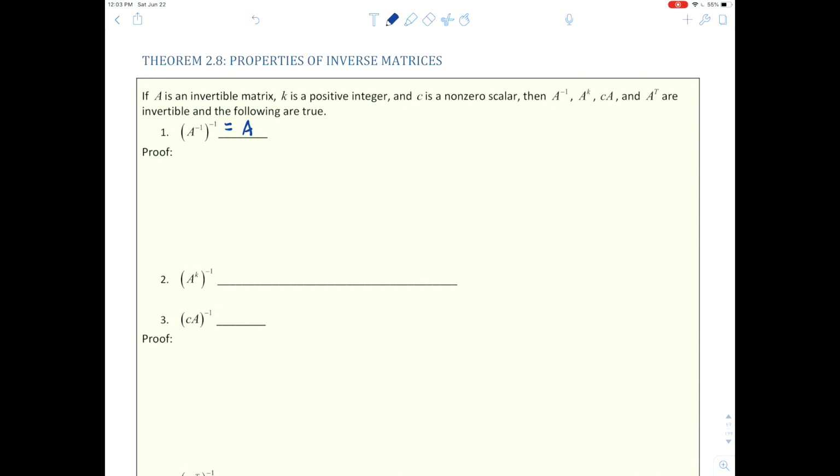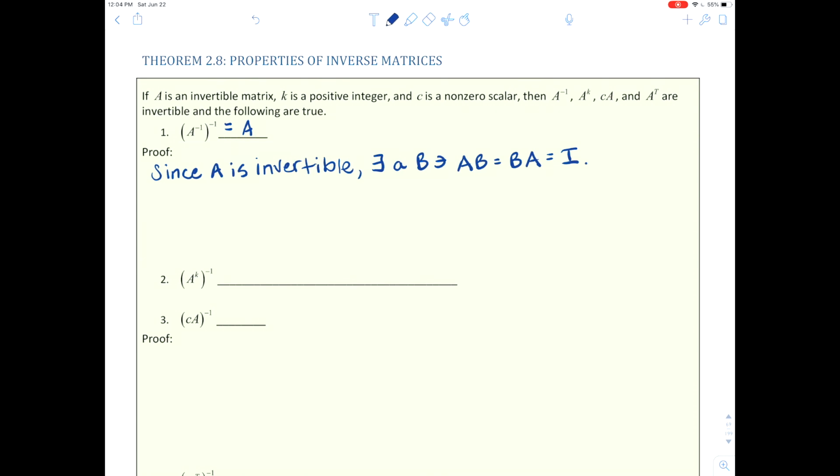And for the proof of this, we've got all of our conditions here. So since A is invertible, it's part of the premise, right? What do we know? There exists some matrix B such that A times B equals B times A, which is the identity matrix of that order.